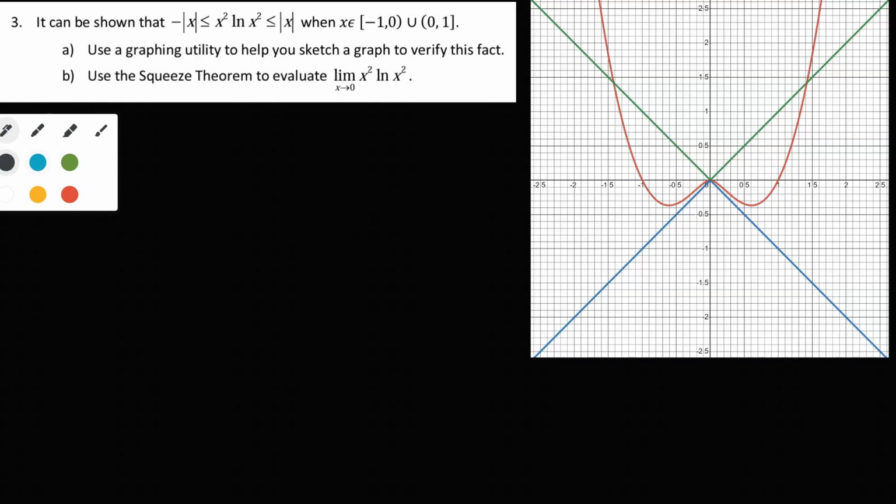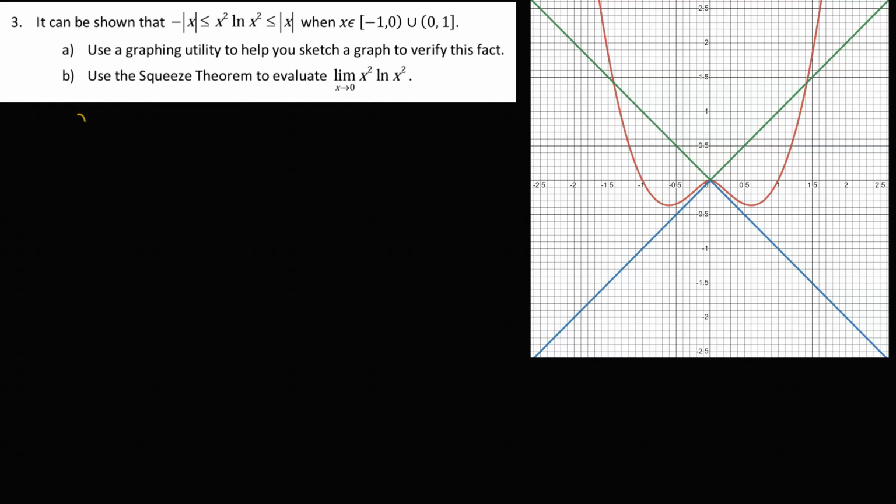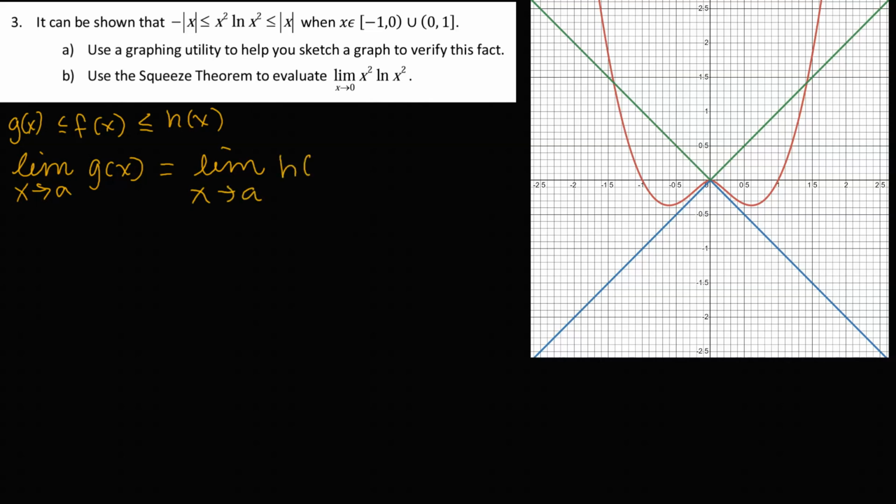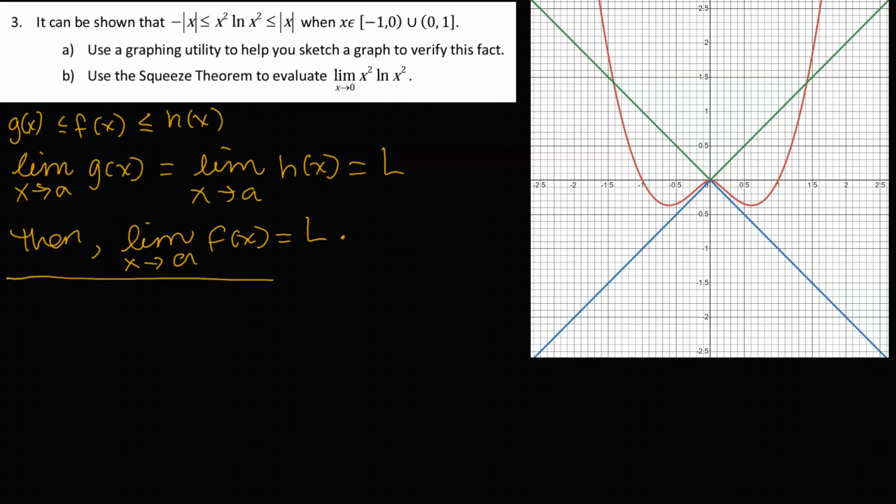The squeeze or the sandwich theorem says that if you have a function f of x and it is in between g of x and h of x, and that the limit as x goes to a of g of x is equal to the limit as x goes to a of h of x, which equals some number L, then the limit as x goes to a of f of x is going to have to also be L. That's what the theorem says.